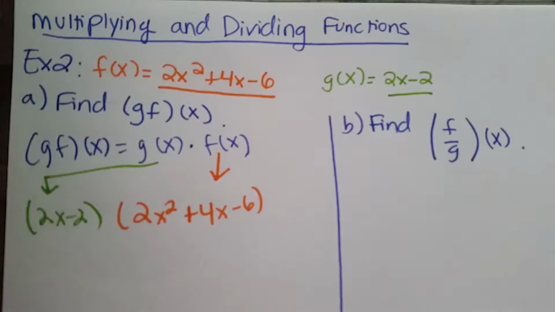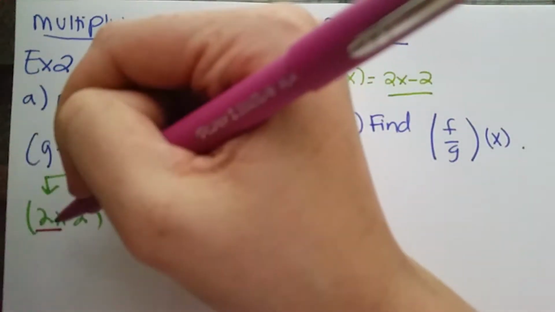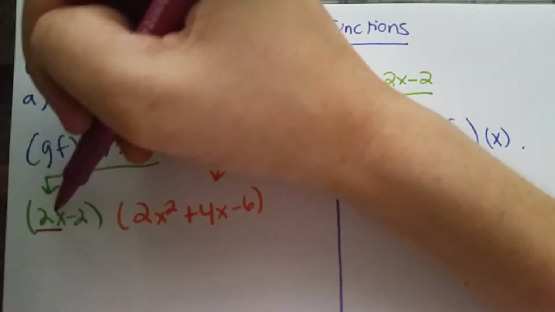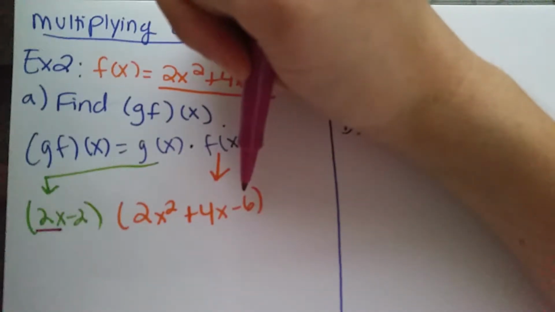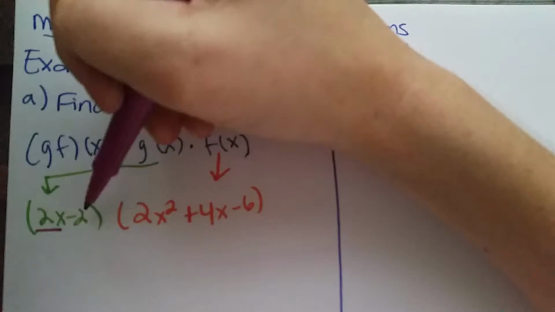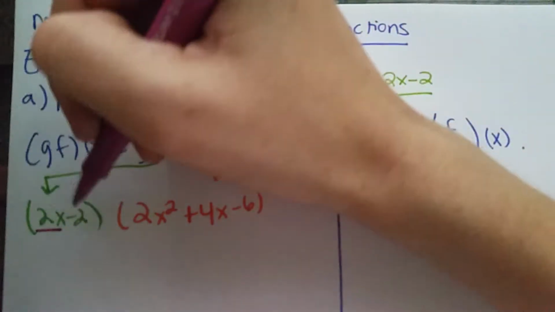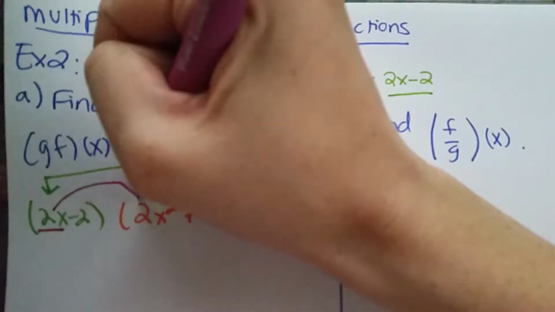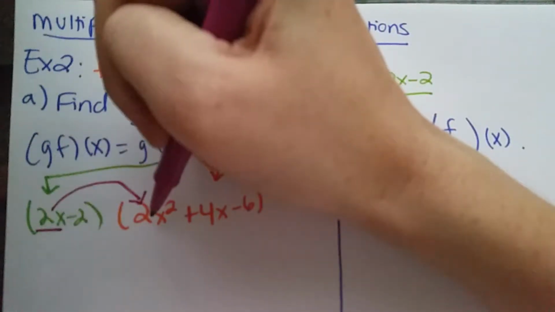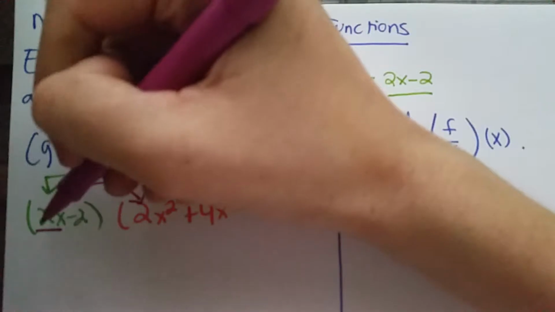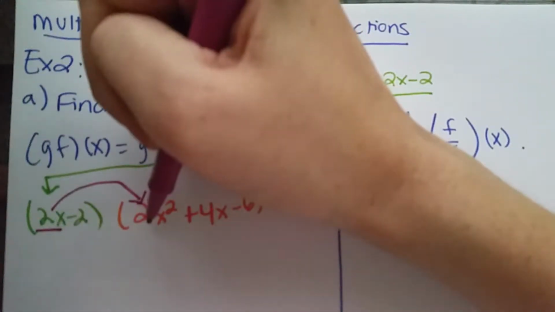When we multiply these, I'm going to start with my 2x and distribute it to all three terms in the second parenthesis. Then I'll do the same thing with the negative 2 in just a moment. So let's do 2x times 2x squared. When you multiply terms that contain variables, you multiply the numbers together, or the coefficients, which are the numbers in front of the variables.